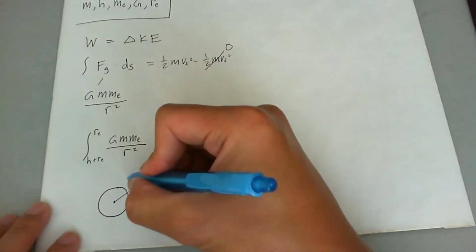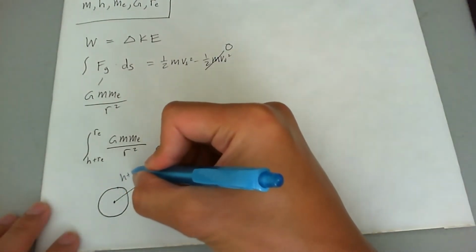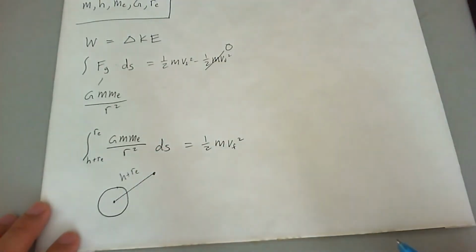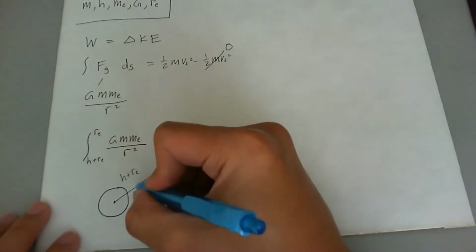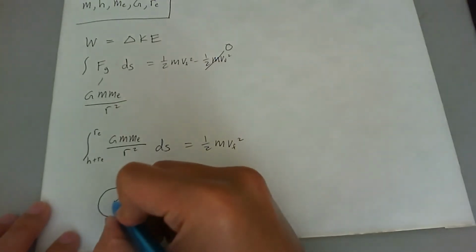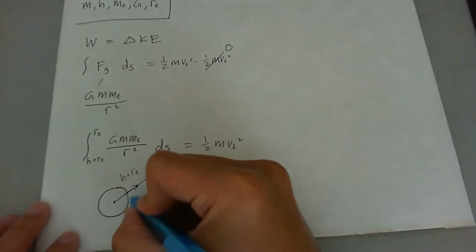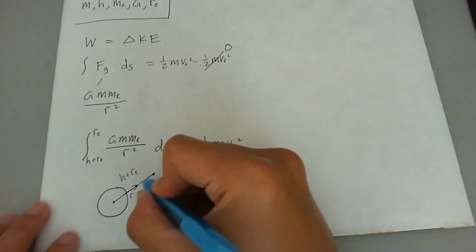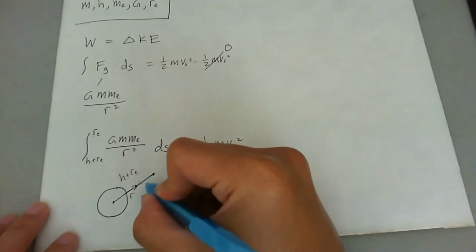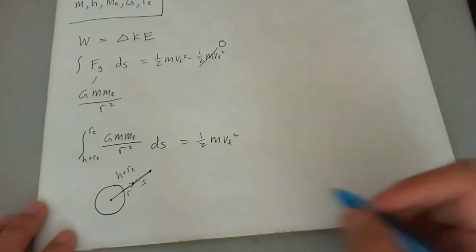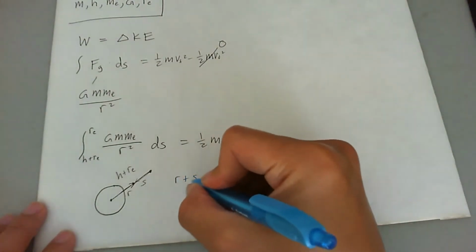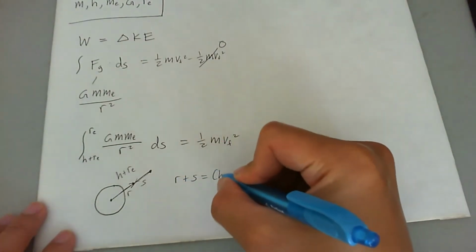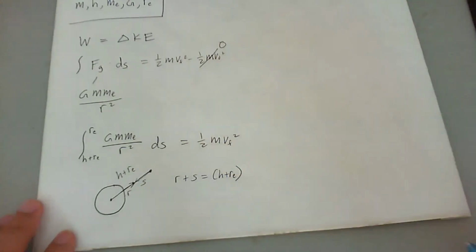You have the height plus Earth's radius right here. The diver could be at any point. So let's say the diver's here. That's going to be an r variable, and the distance that the diver went is going to be an s variable. So you can say that r plus s is equal to h plus R_E.